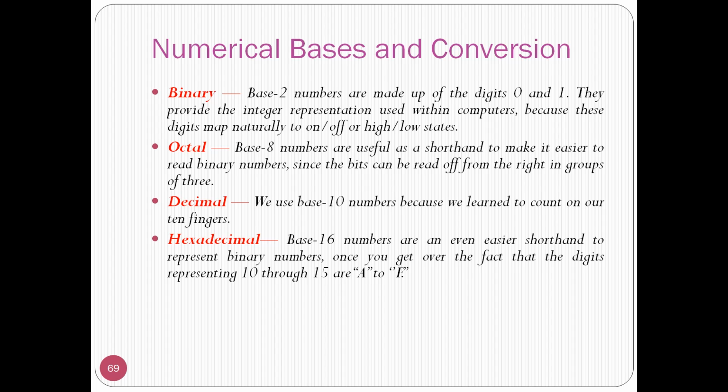Once you get over the fact that the digits representing 10 through 15 are capital A to capital F, it is simple. When representing hexadecimal numbers, as its base is 16, the digits go up to 9, and if you want to represent numbers up to 15, then we use A to F after that.